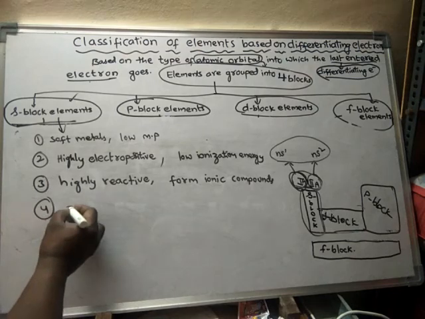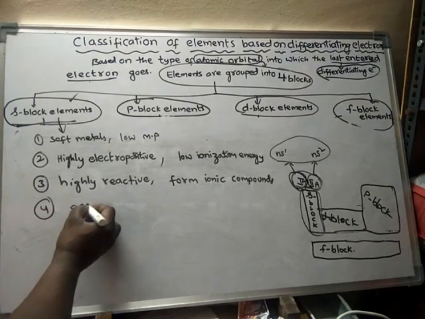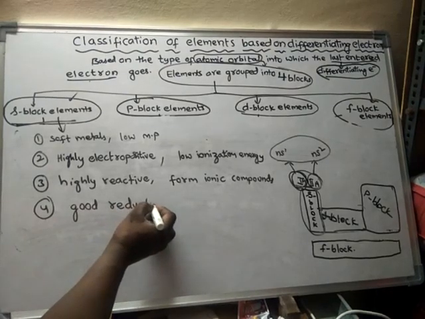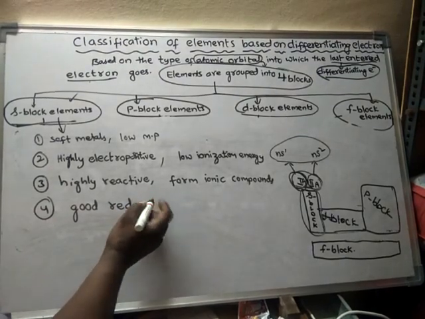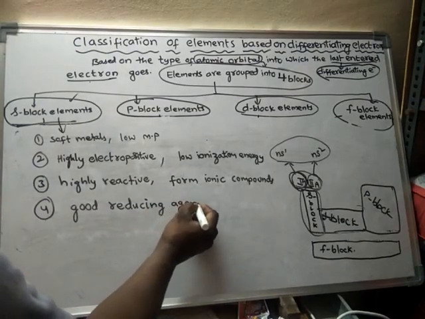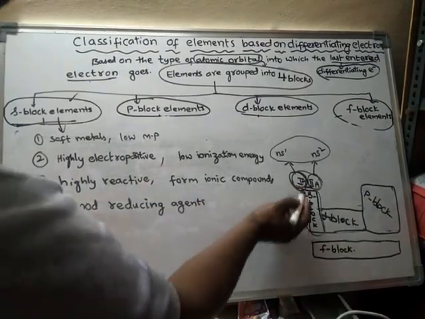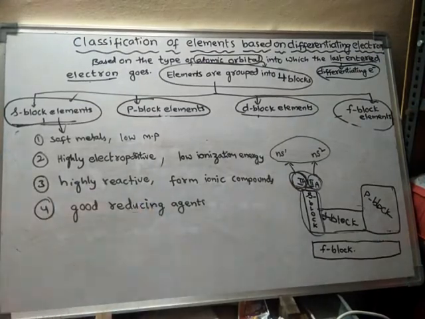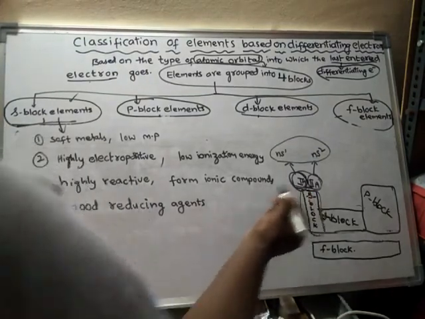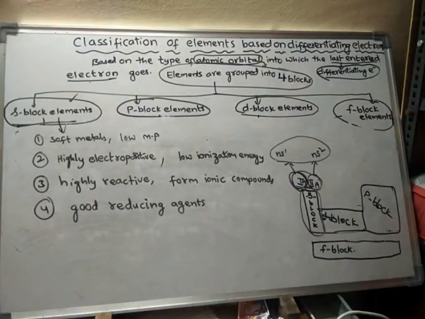They are good reducing agents because they can lose electrons. First A group elements and second A group elements can lose electrons easily.